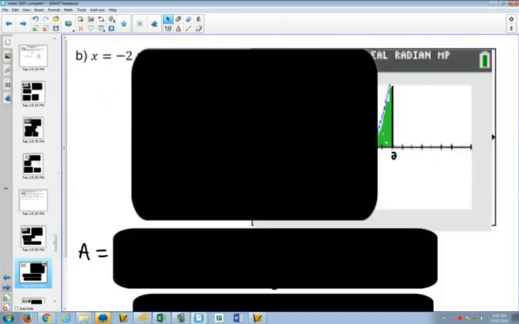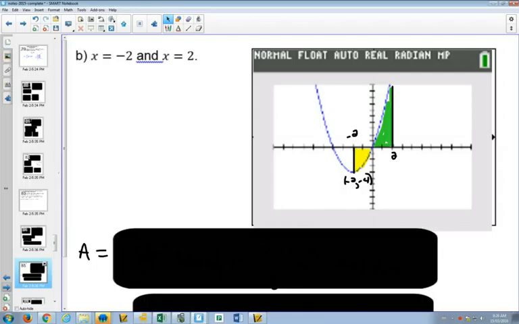So now that same function, so here's the graph again, but now we're looking between negative 2 and 2. So we see that that first part, we already figured out that was below the x-axis, that was the negative area, and the other part's going to be a positive area. So if you just did the integral from negative 2 to 2, those areas are going to cancel each other out, and you won't even notice that you're not actually solving the question.